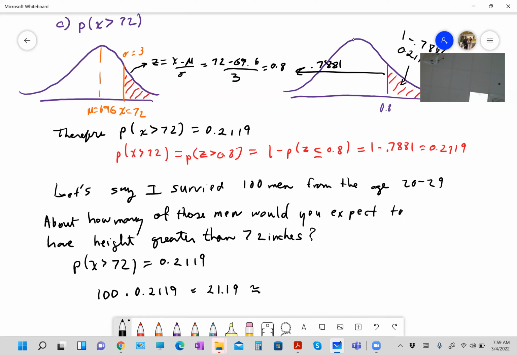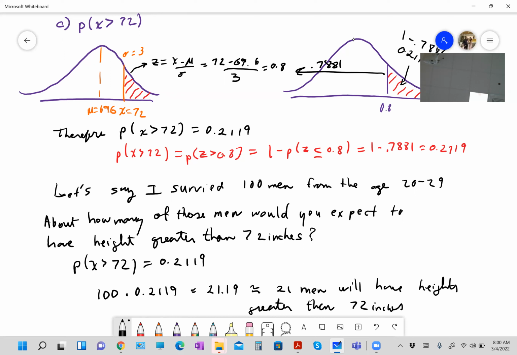So you would say approximately 21 men will have heights greater than 72 inches. That's what you do.